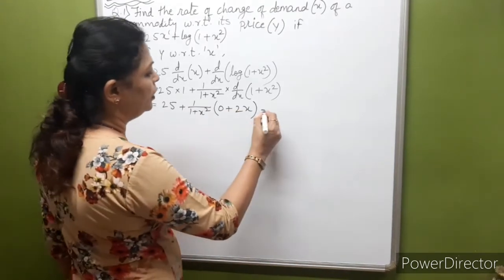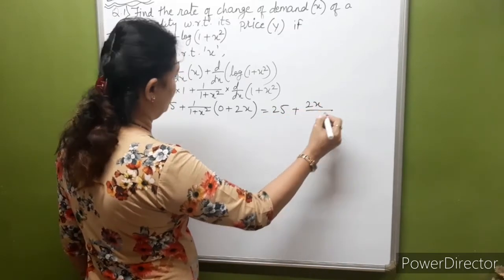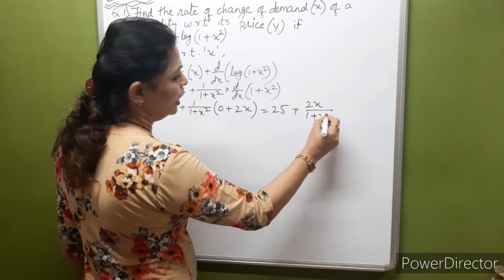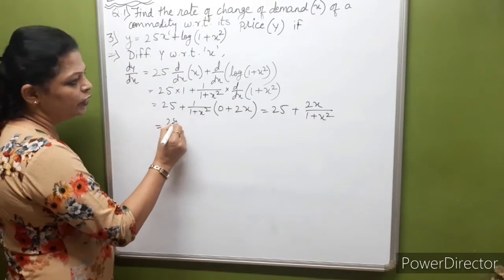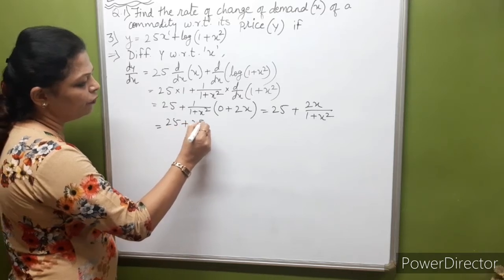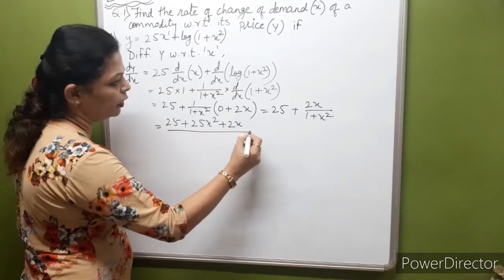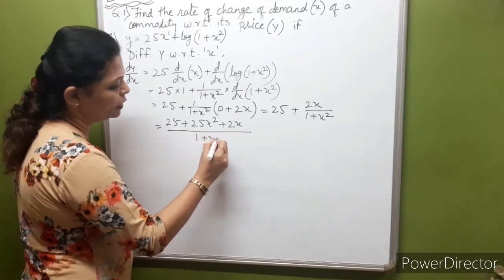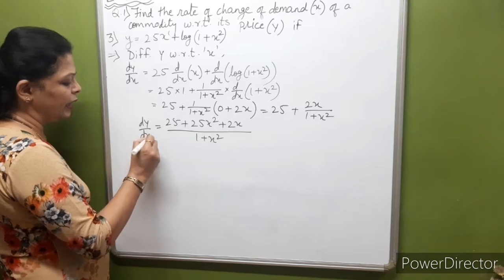So you get 25 plus 2x upon 1 plus x square. Now again take the LCM. It will be 25 plus 25x square plus 2x upon 1 plus x square. This is your dy by dx.